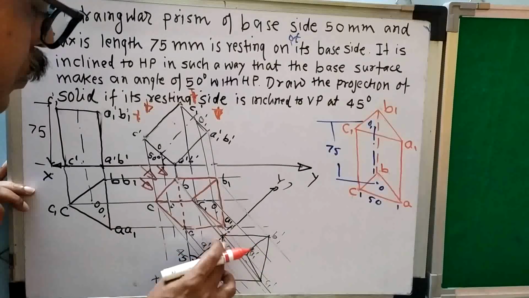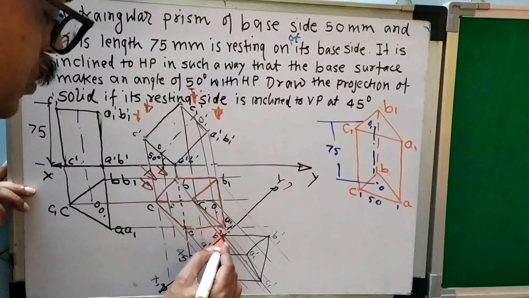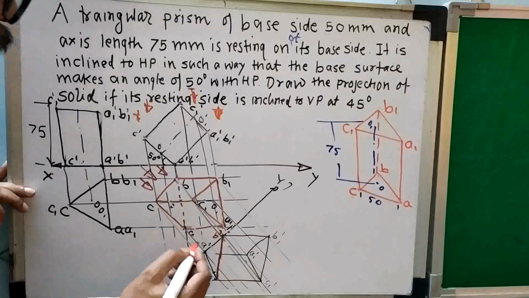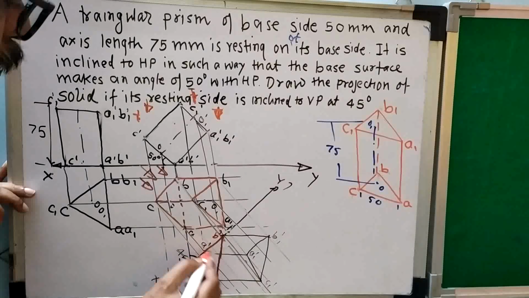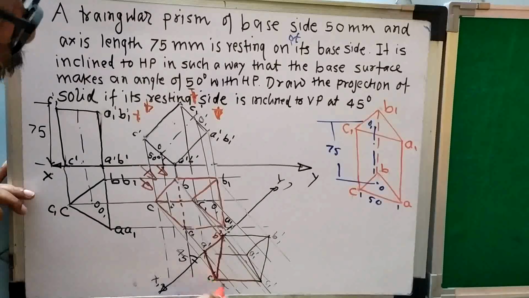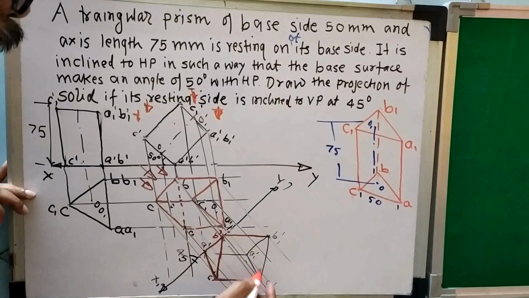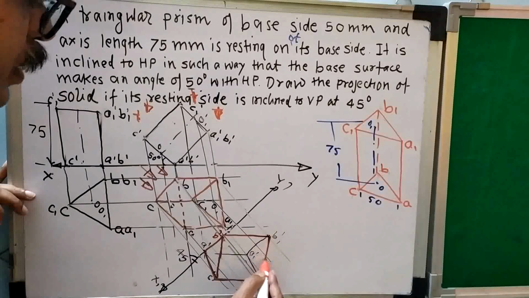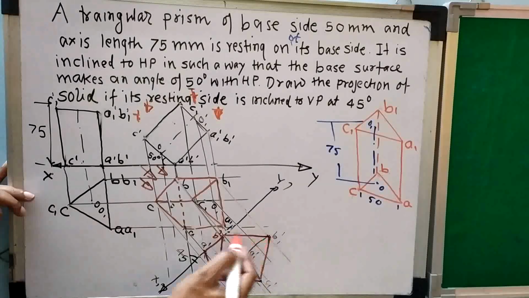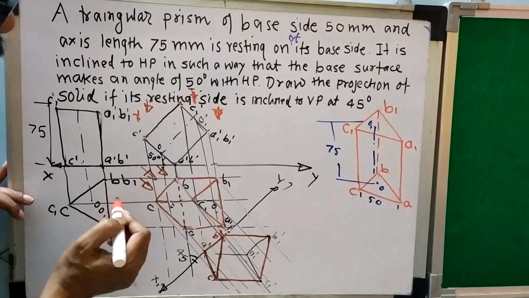So right, this is BC because this is B dash, so this BC line is dark. AB is boundary line, AC is boundary line, it is always dark. CC1 is boundary line, it is always dark. BB1 is a boundary line, it is sharp and dark. This B1C1 is a boundary line, this is sharp and dark. So the boundary lines I have made, but this BC is close, so I have made it dark.